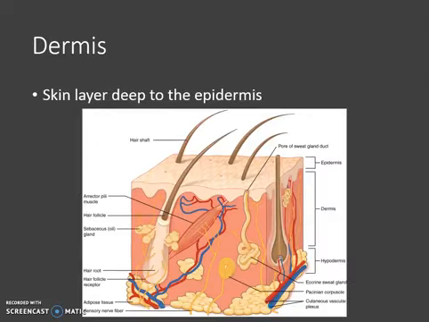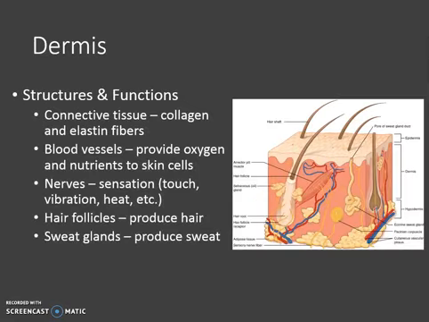The layer just deep to the epidermis is the dermis, and as I showed you, it's this area here, and it's primarily made up of connective tissue. The majority of that connective tissue is made up of protein fibers called collagen and elastin. Collagen helps to give the dermis some strength, and elastin helps to give it some flexibility.